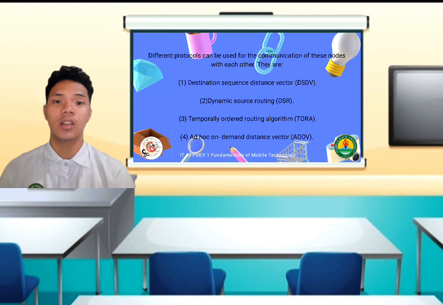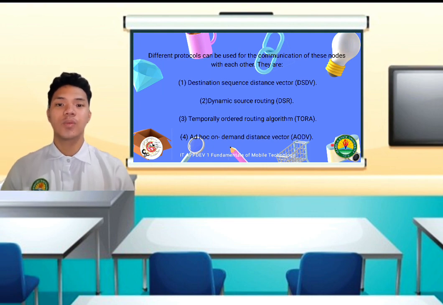TORA can be utilized to establish efficient communication among these drones by maintaining a directed acyclic graph rooted at the base station. This allows the drones to maintain multiple routes to the base station, adapting to changing network conditions in real time.